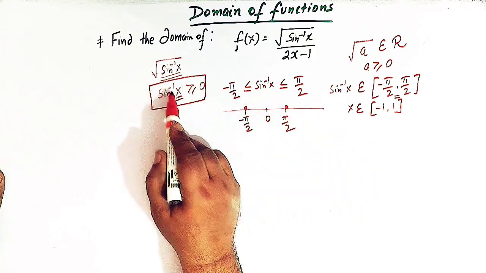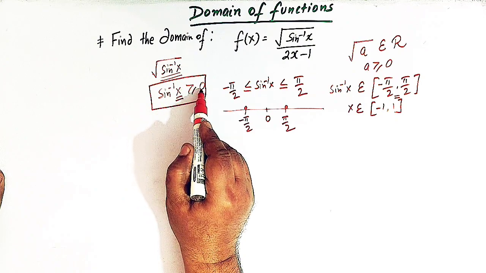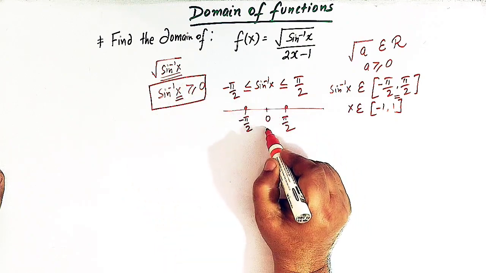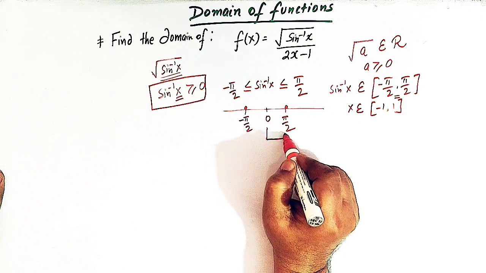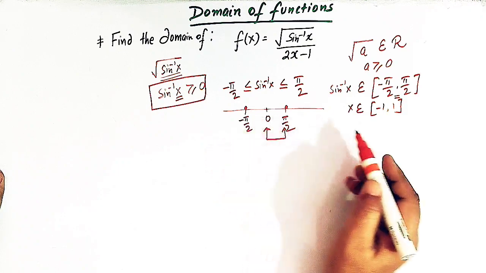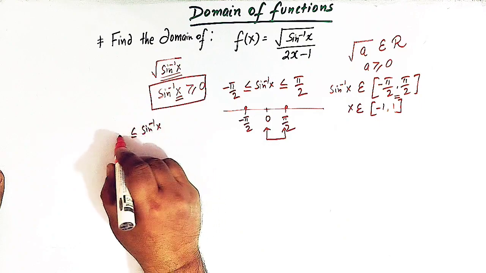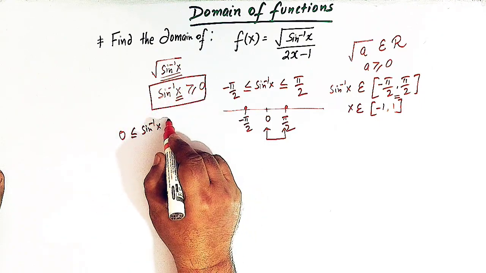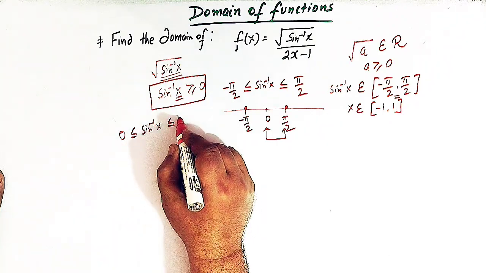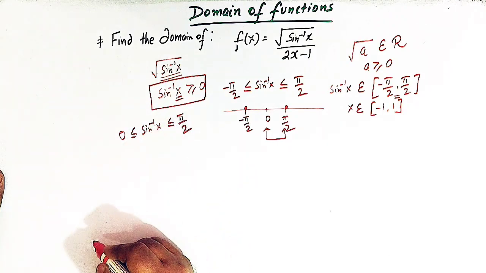So sine inverse x is greater than or equal to 0. So it implies that we have to now take this interval only. That is sine inverse x is greater than or equal to 0, and it must be less than or equal to pi by 2, right?